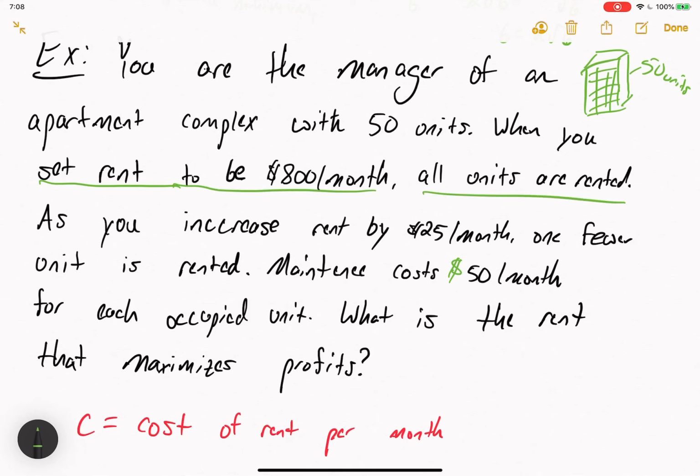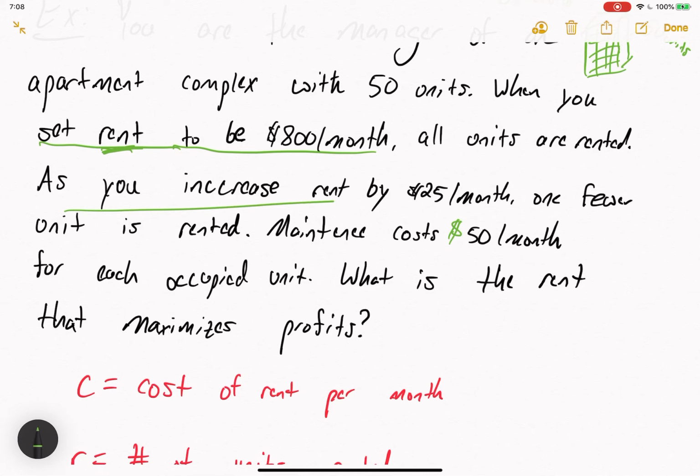So rent will be our independent variable, and the units rented is going to be the dependent variable. So that's a relationship right there. As you increase rent by $25 a month, one fewer unit is rented. That basically gives us a way to form our relationship between rent and cost.